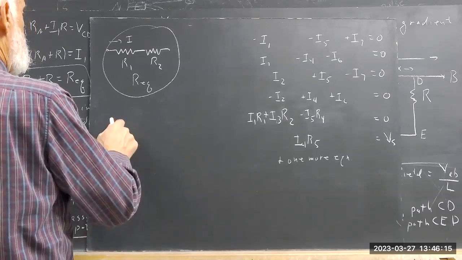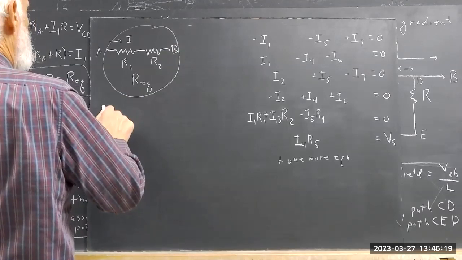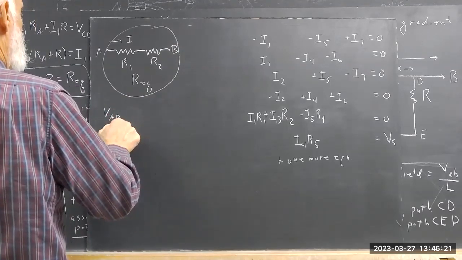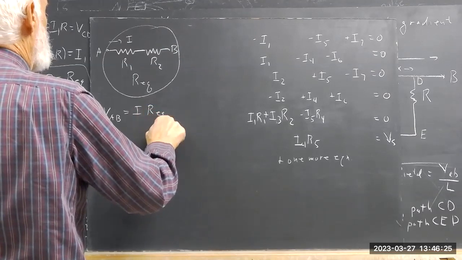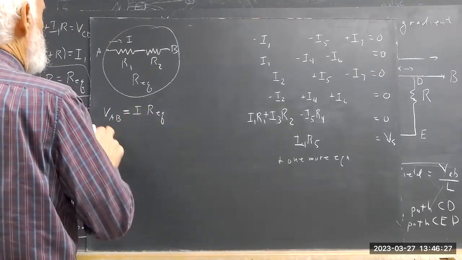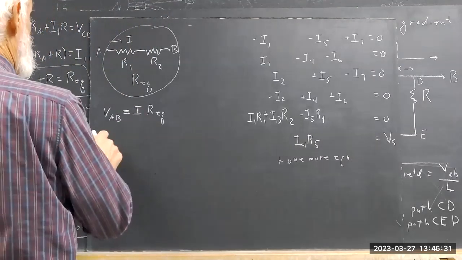Well, let's call this point A, let's call this point B. The voltage is the current times the resistance.